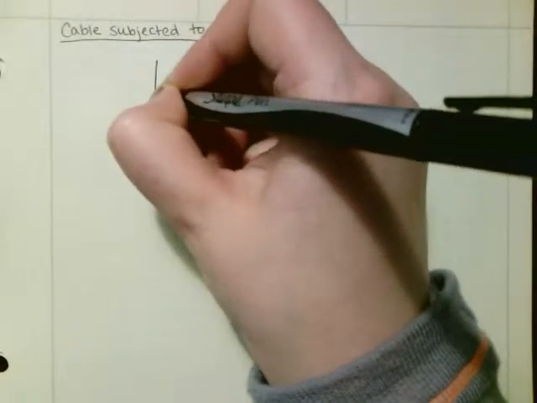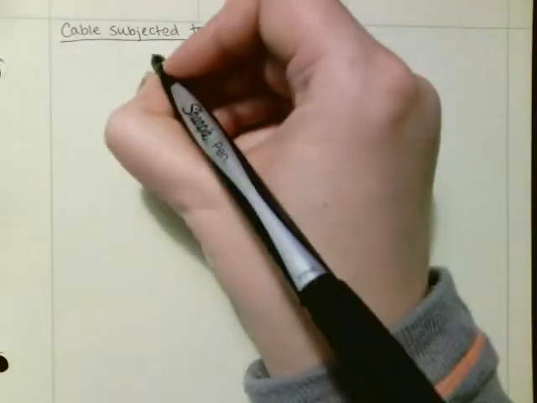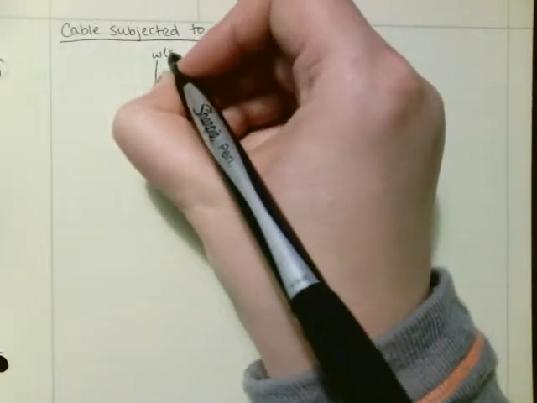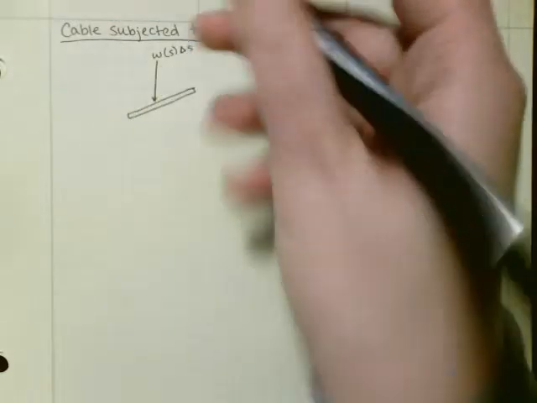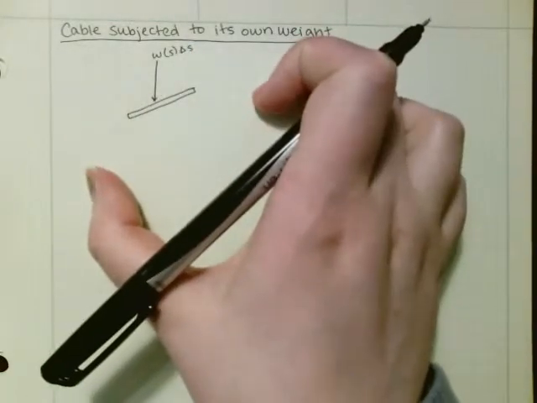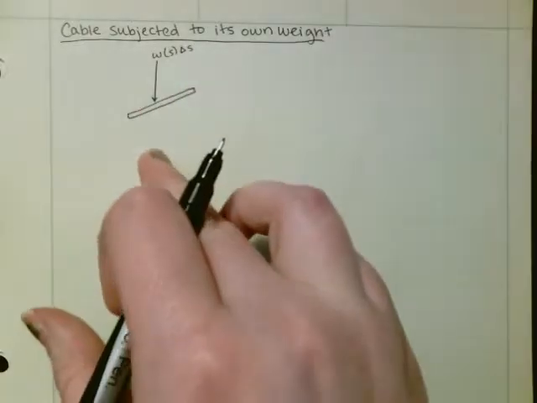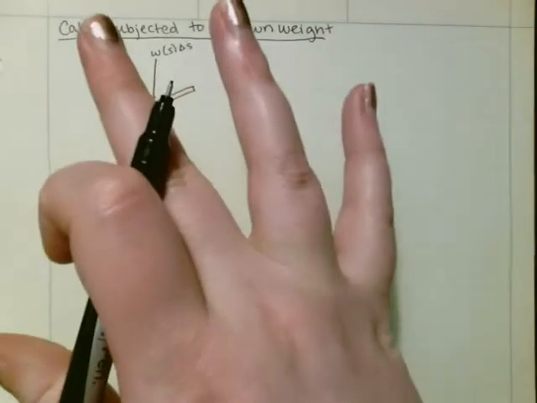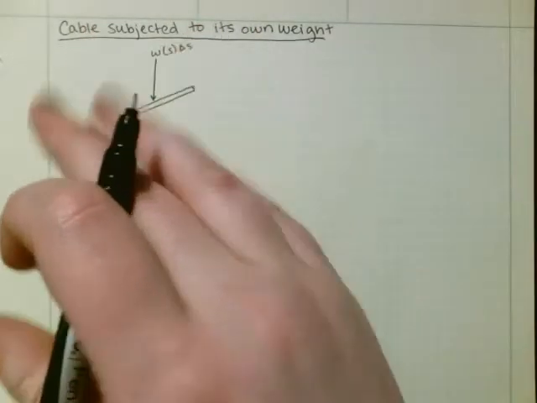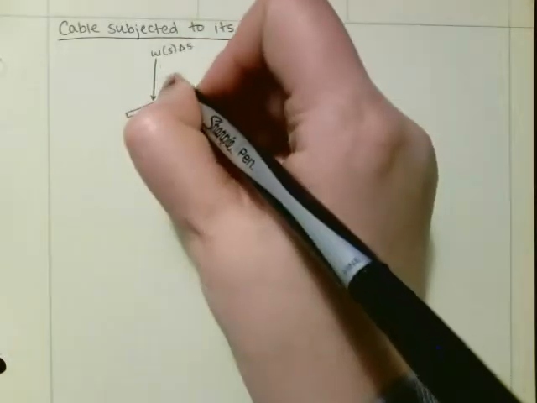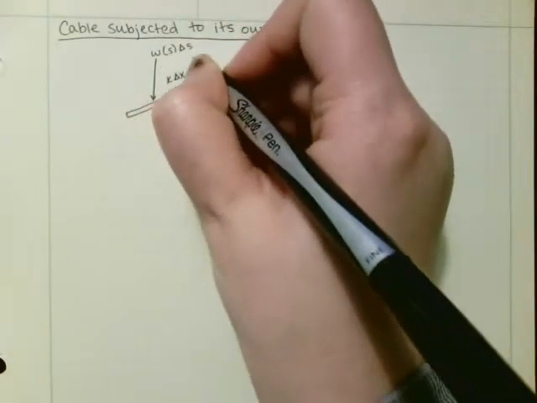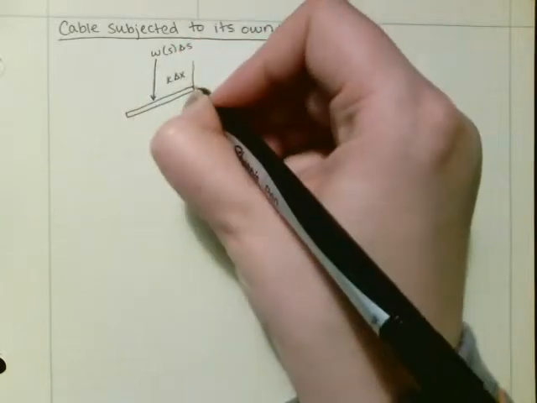However, rather than it acting over delta x, it would act over the length, so w(s) delta s, because it would matter the length of the cable, not necessarily the x component, because the length tells what the weight is going to be. So that happens at k delta x from the end.